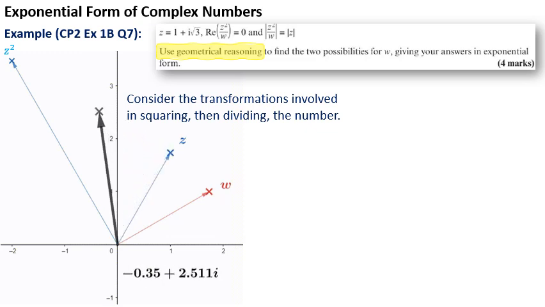The next step after we get to z squared is to divide by w. You can see w there. Dividing by it means turning back the way we came. w has a positive argument, which means if we divide by it, we turn clockwise. But also we're shrinking down because we're dividing the size of z squared by the size of w.